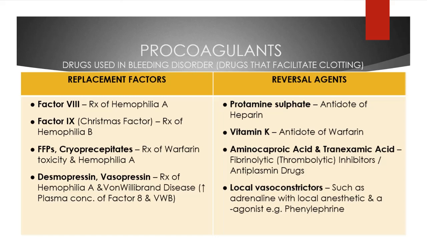Desmopressin and vasopressin are used for the treatment of hemophilia A as well as von Willebrand disease because they increase the plasma concentration of factor VIII as well as von Willebrand factor.